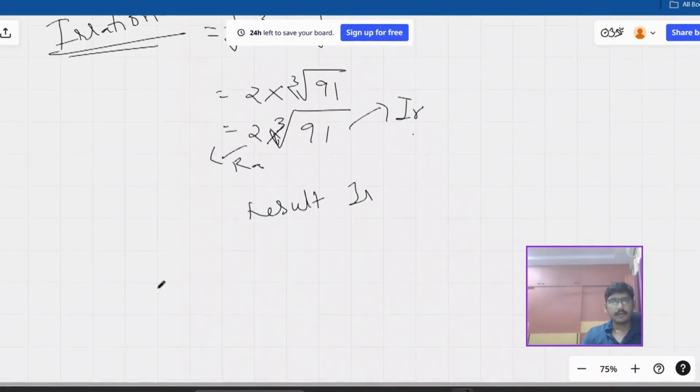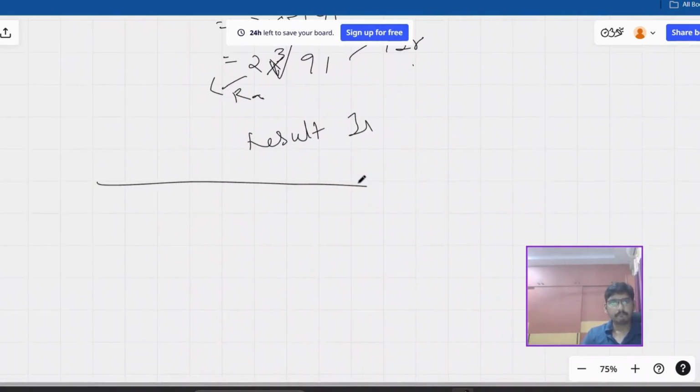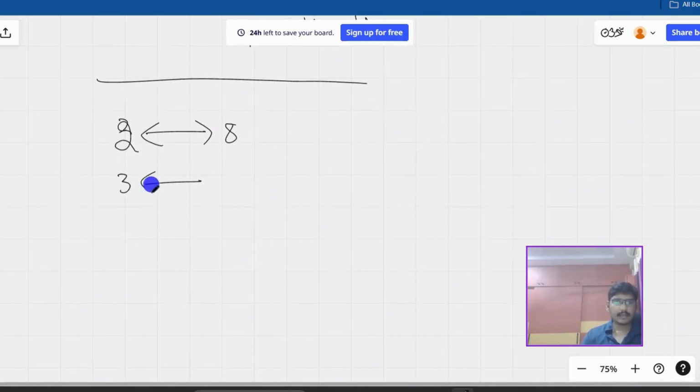And there is a concept that 2 and 8 are interchangeable, 3 and 7 are interchangeable, because when you cube a number ending with digit 2, it gives a resultant number whose unit digit is 8.